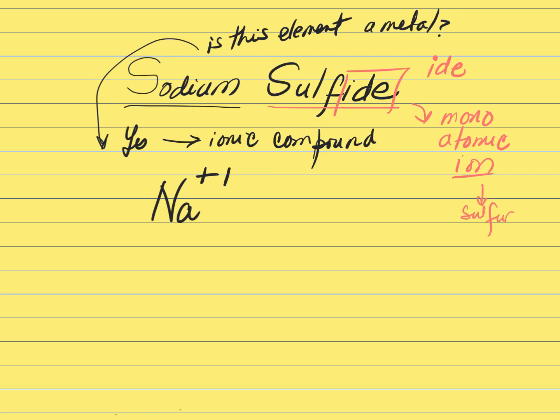And sulfur has a symbol. It's an S, and is located in group 16. 16, 6 valence electrons. 2 more to reach an octet. And if you don't know how to do that, you write the symbol and count 1, 2, 3, 4, 5, 6.